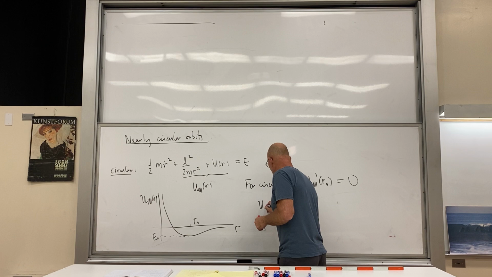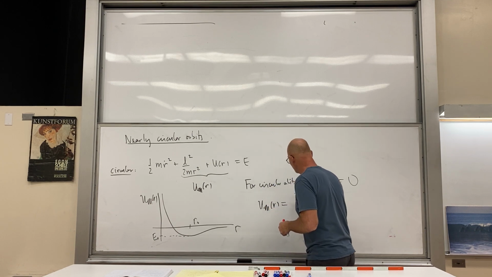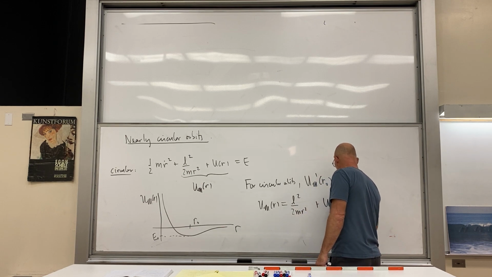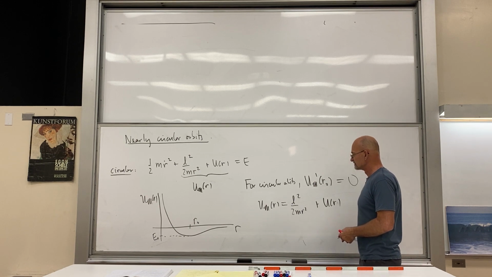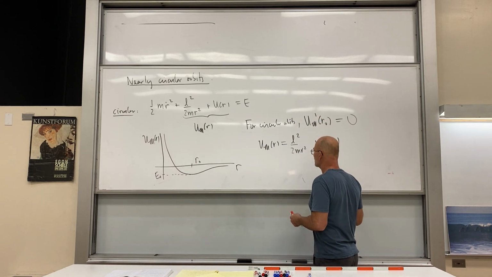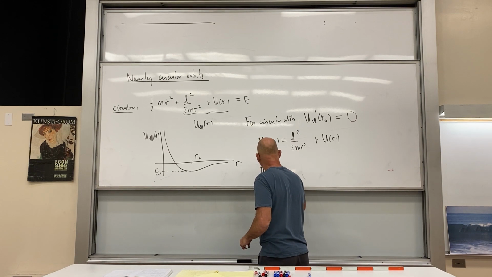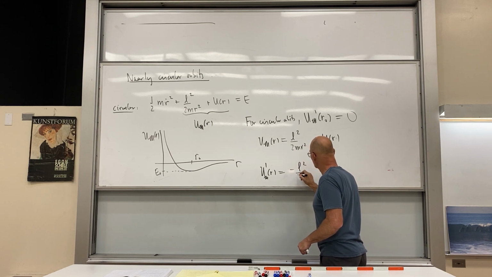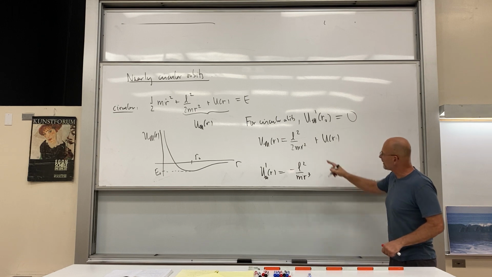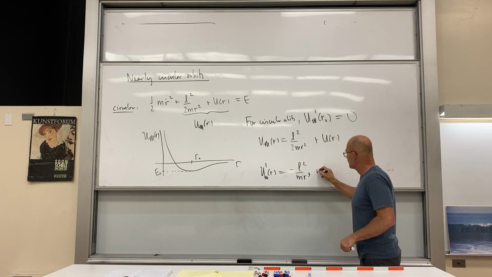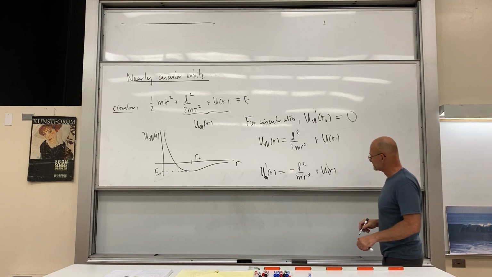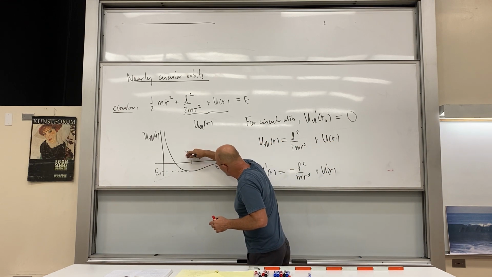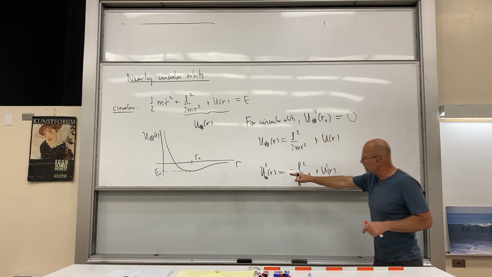So U effective is L squared over 2mr squared plus U of R. And we take its derivative, and we have minus L squared over mr cubed right here, plus U prime of R. And good, that's the derivative at the location of the circular orbits. The derivative vanishes.